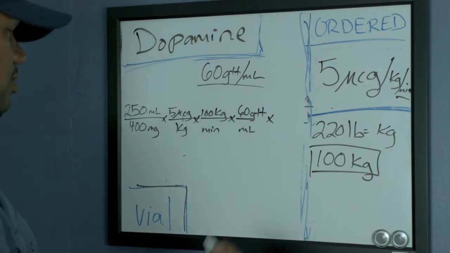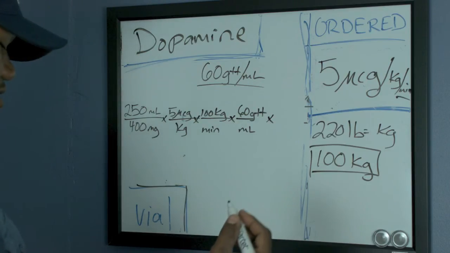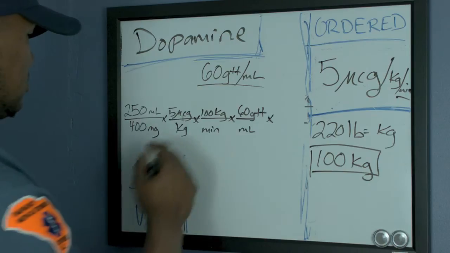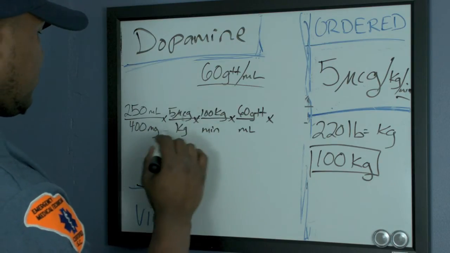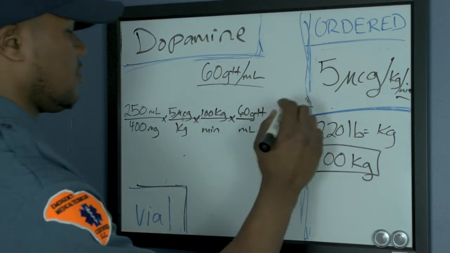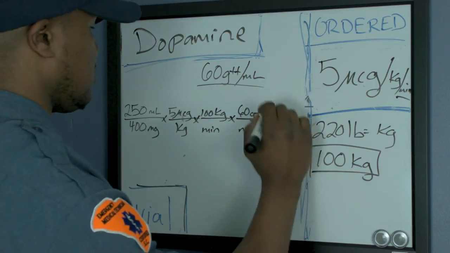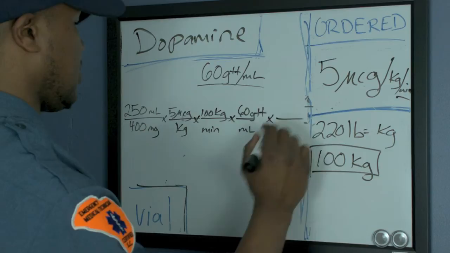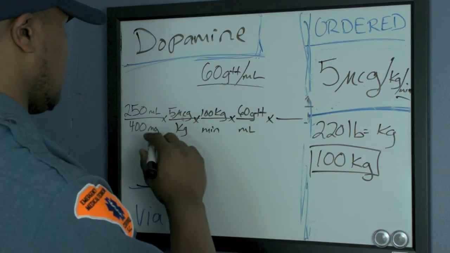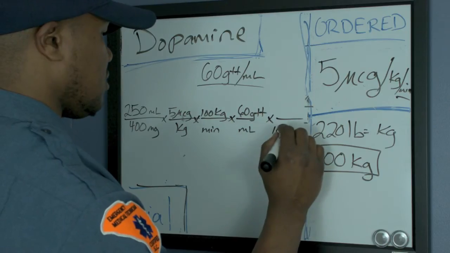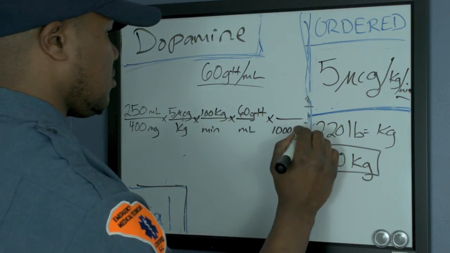And then we want to do the weight. And the conversion from milligrams to micrograms. Right? So we got the weight up here. Right there. And we want to do the conversion of milligrams to micrograms. So we want to take, we're going to put 1,000 micrograms.